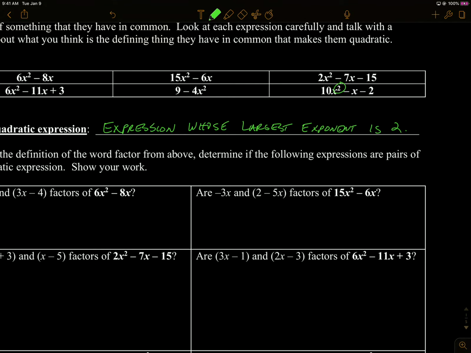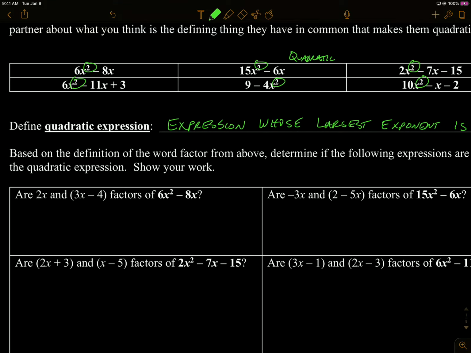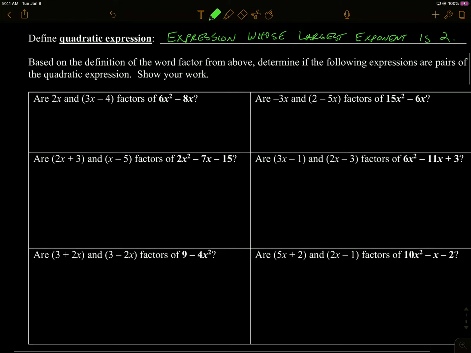So you can see the exponent of 2 being the largest exponent for each one. That's what makes it quadratic. An expression means that it's not an equation, it doesn't have an equals sign. All right, so we're just dealing with expressions.